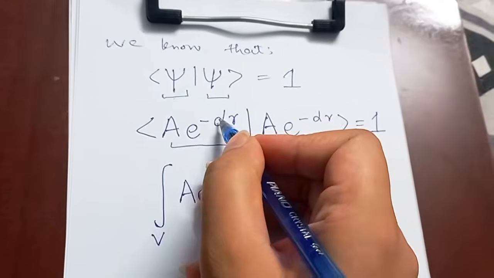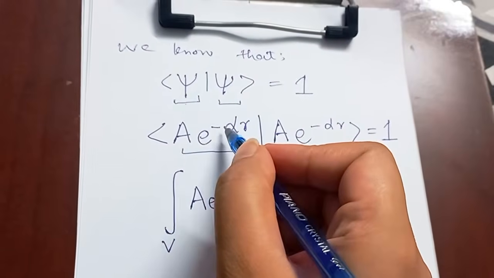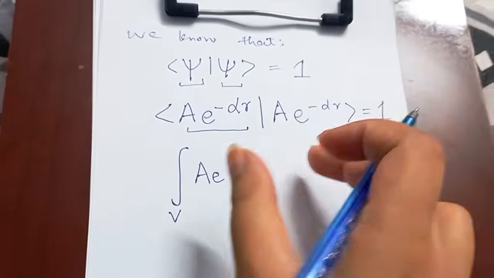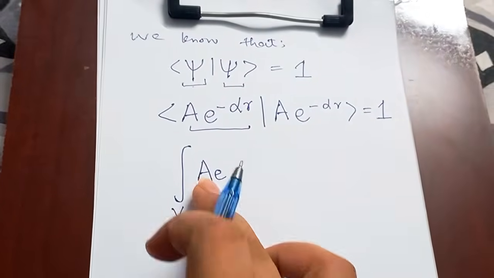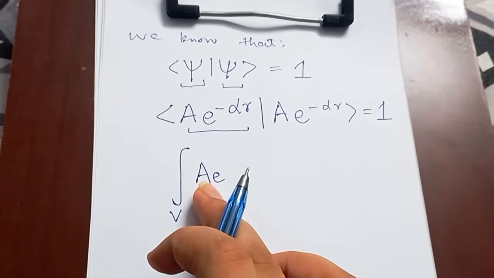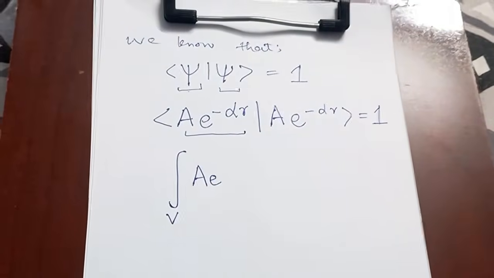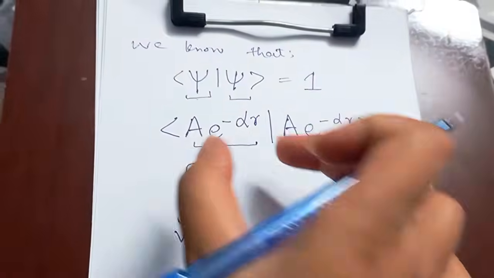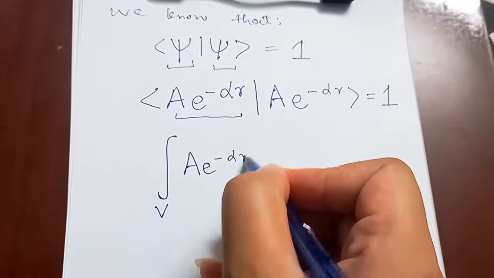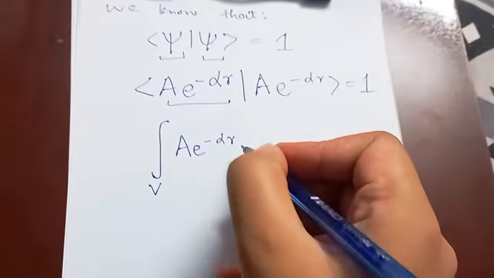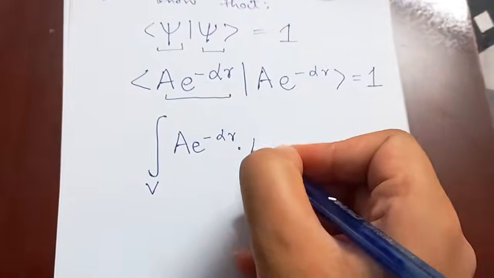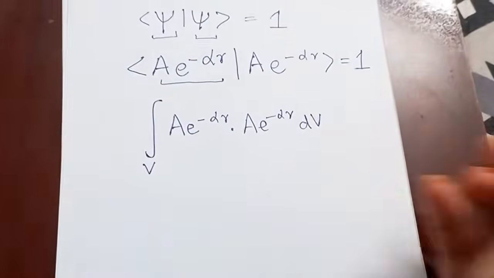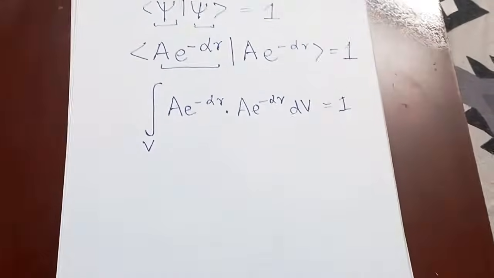If there had been any iota here, for example iota alpha r, then we would have to find its complex conjugate and put it right here. That is some additional information that you should know. So since there is no iota, we'll simply write it the way it is, and then this wave function and then its volume integral, and that should be equal to 1.